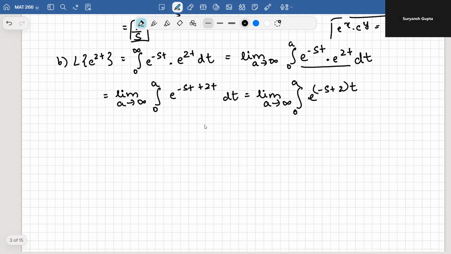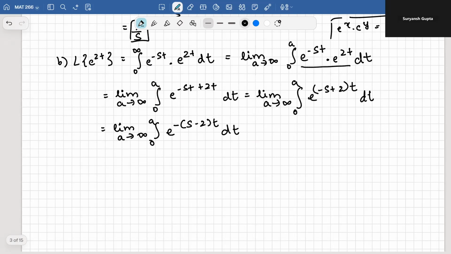And just for simplification purposes, I can also take the negative out of the bracket. And so I end up getting limit of a tends to infinity, integral 0 to a, e to the power negative (s minus 2), because I took the negative out of the bracket, t dt.